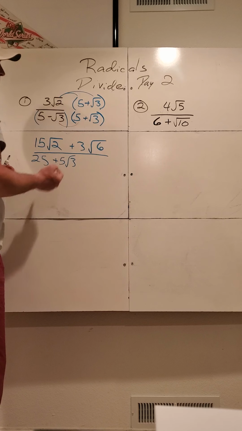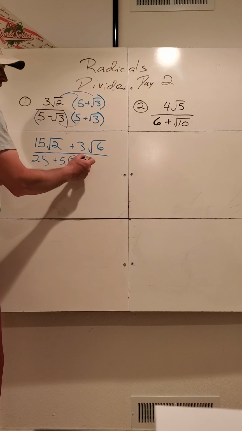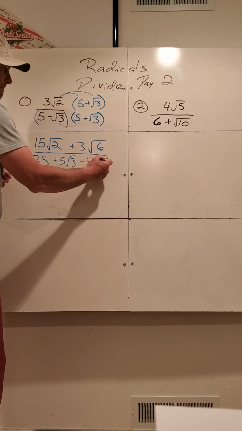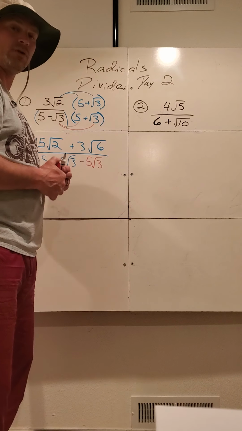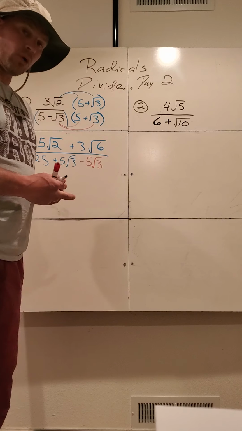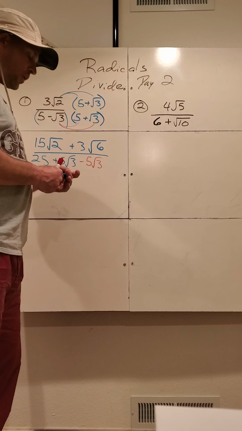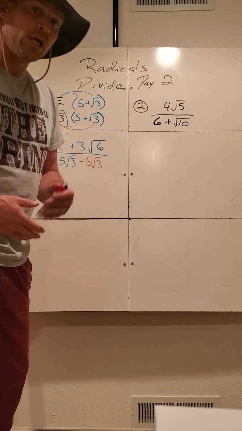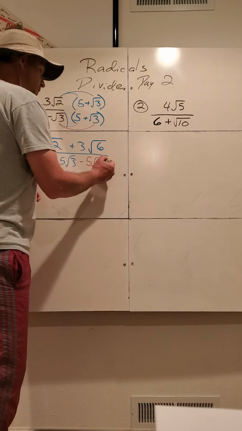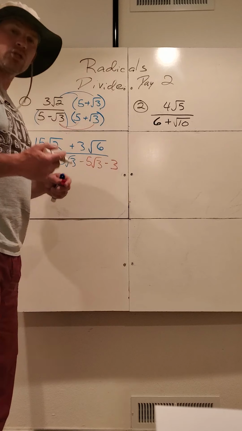Minus root 3 times 5. Minus root 3 times positive root 3. So we talked about this a lot. Quick refresher: square root of 3 times the square root of 3 is the square root of 9. Square root of 9 is 3. So this comes out to be minus 3.